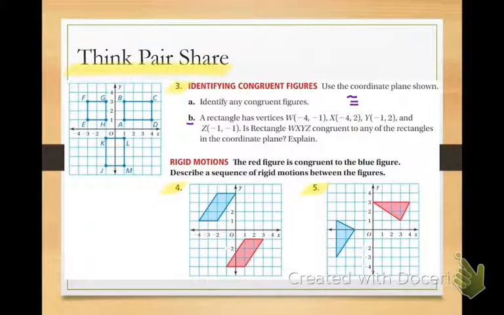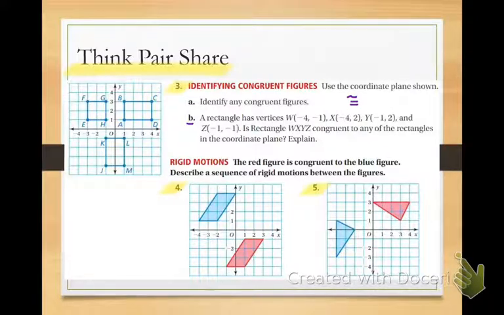If it is congruent with another figure, I want you to tell me what kind of transformation happened between the two of them. Did it slide from one figure to another? Is it a translation? Did it reflect? Or did it rotate?